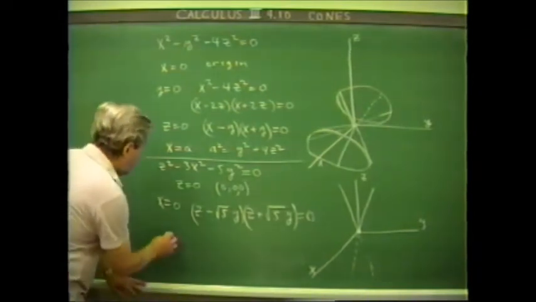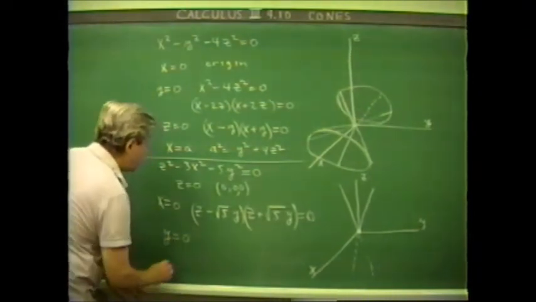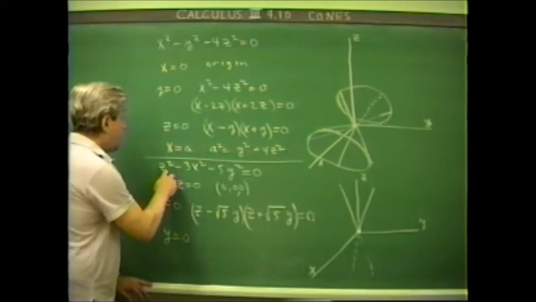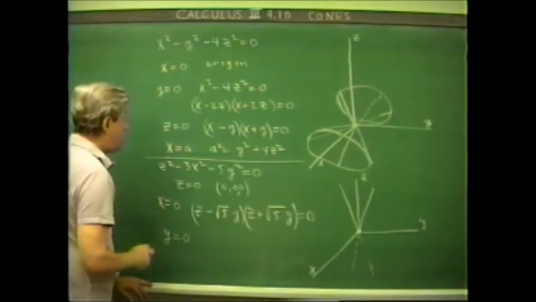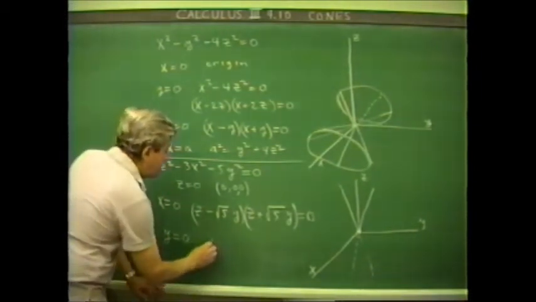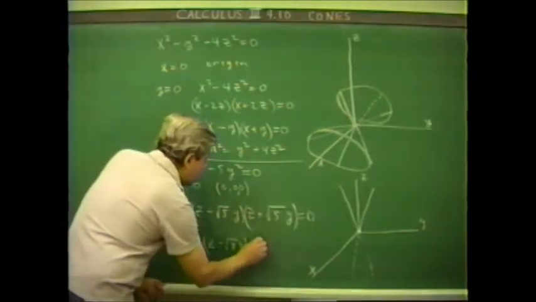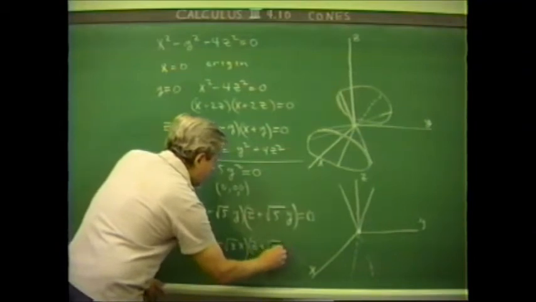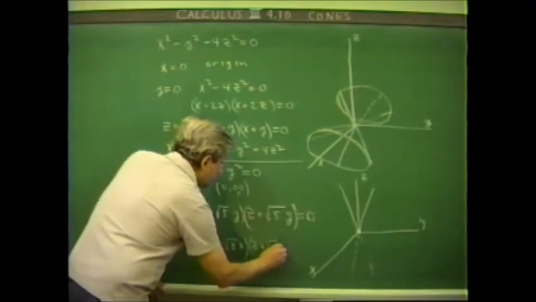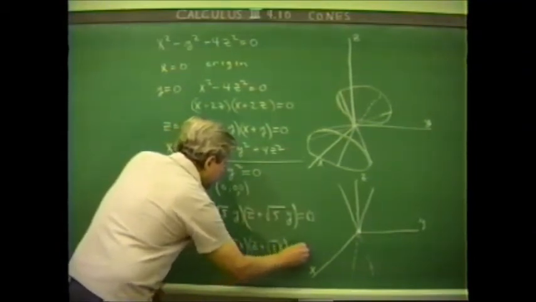Right? When y is equal to 0, we have z squared minus 3x squared is 0. So the trace is going to be z minus the square root of 3 x times z plus the square root of 3 x is equal to 0.